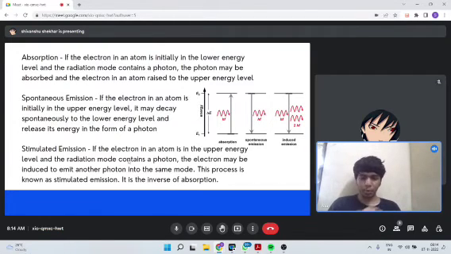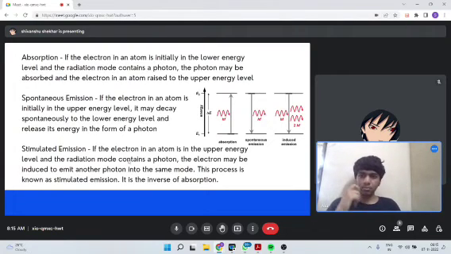Now coming to spontaneous emission. Spontaneous emission is when an electron is in a higher state, so it is not in its ground state, it is in an excited state. Spontaneously, just to release energy and become more stable, it will come back to its lower state. The energy is not released in the form of heat as you would normally expect, but rather in the form of a photon with energy equal to the difference between the two energy levels.